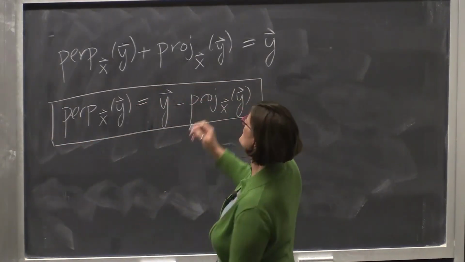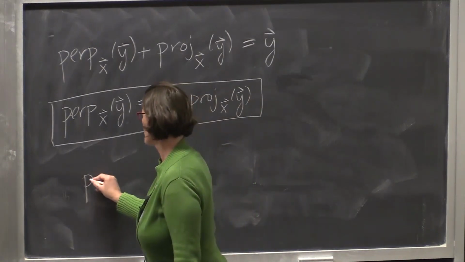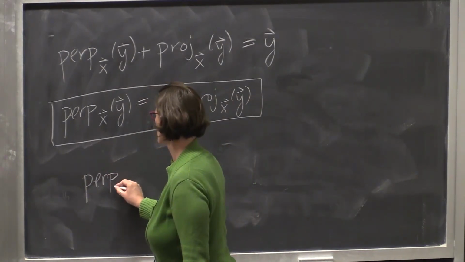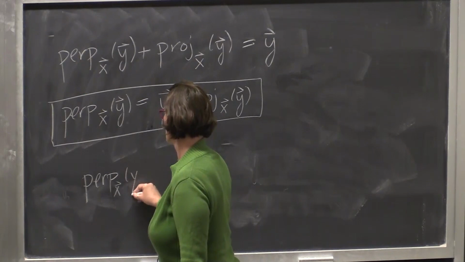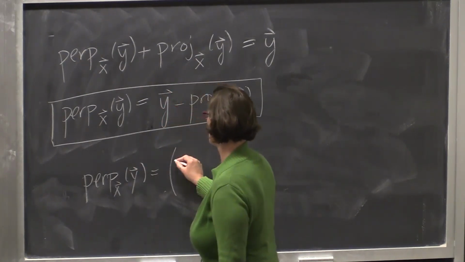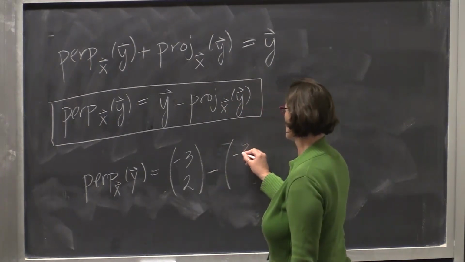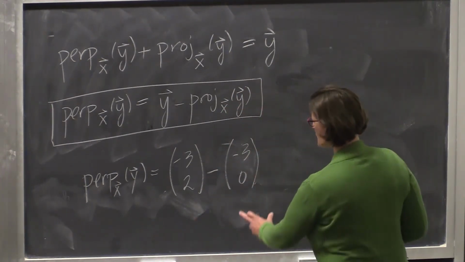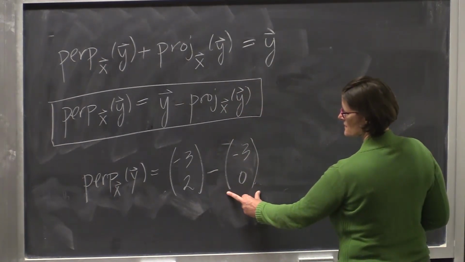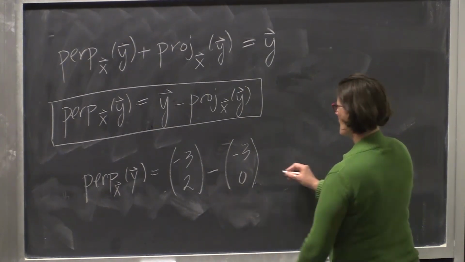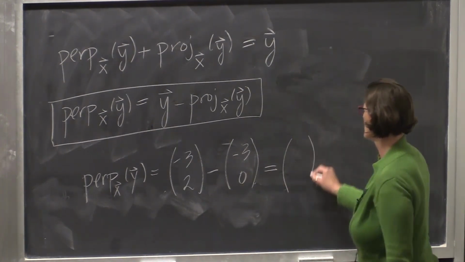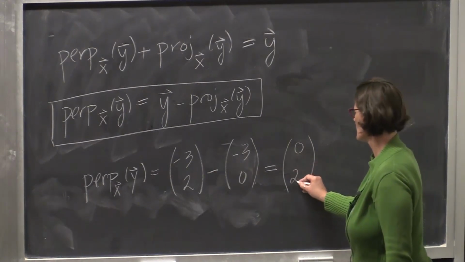For my specific example, the perpendicular part is equal to -3, 2 minus -3, 0. We computed this using all the dot product and stuff. And that is equal to 0, 2.